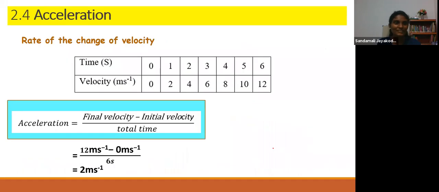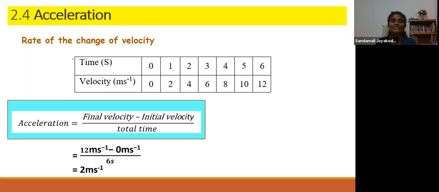Then we were discussing acceleration and deceleration at the end of the class. I was doing it fast because it was the end of the class that day, so I am going to tell you about that again.